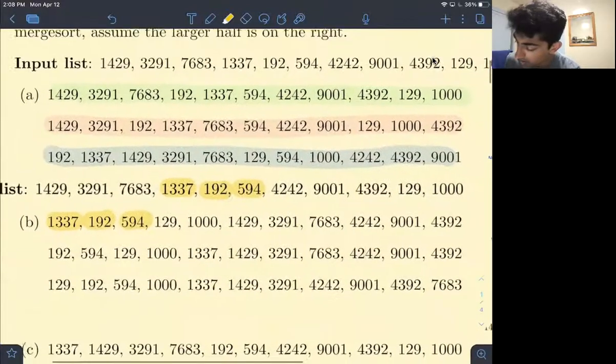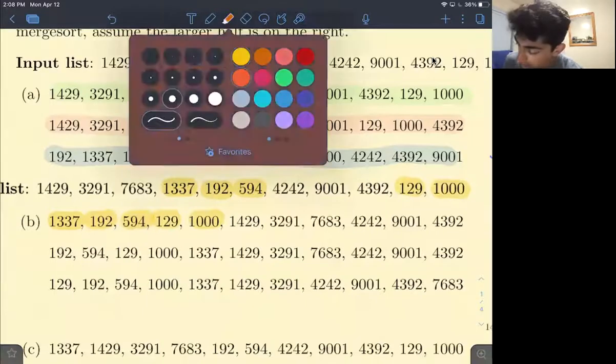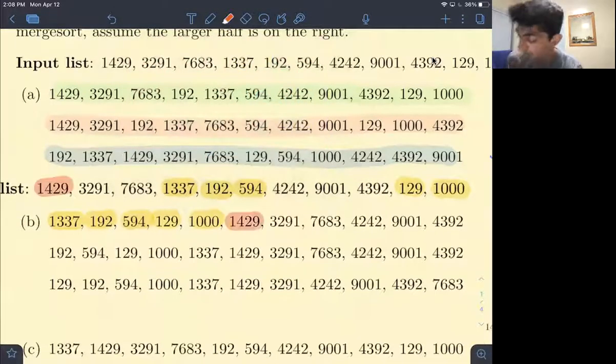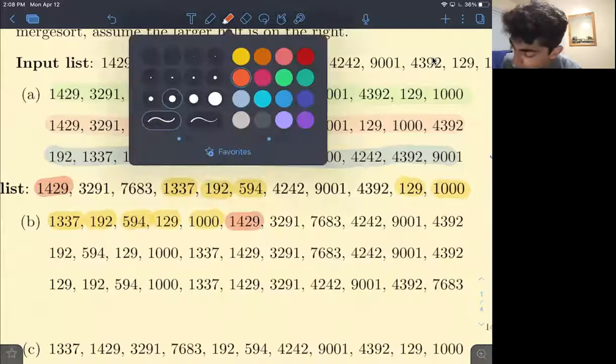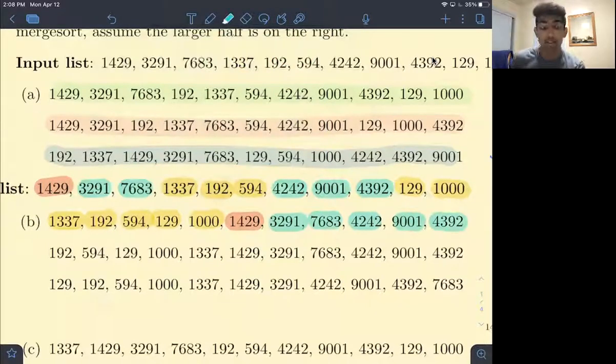And then we will also see that 129 hops here, 1000 hops here, right? Then 1429 hops here. And then 3291, 7683, 424, 9001, and 4392 hop like so. Okay, so these are the changes from the input list to the first step that's shown.